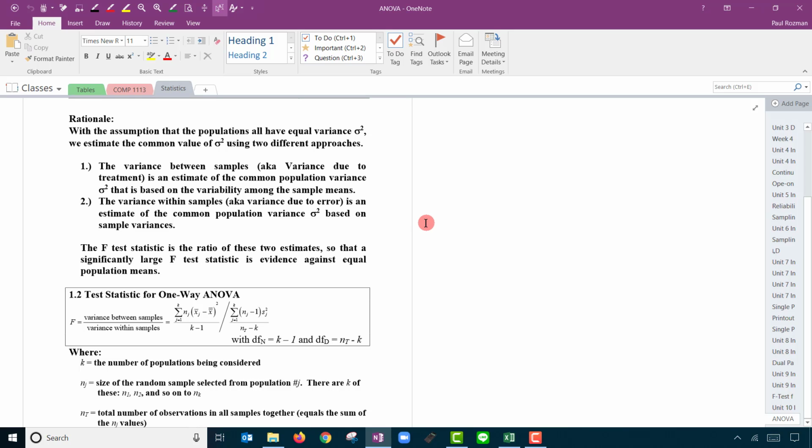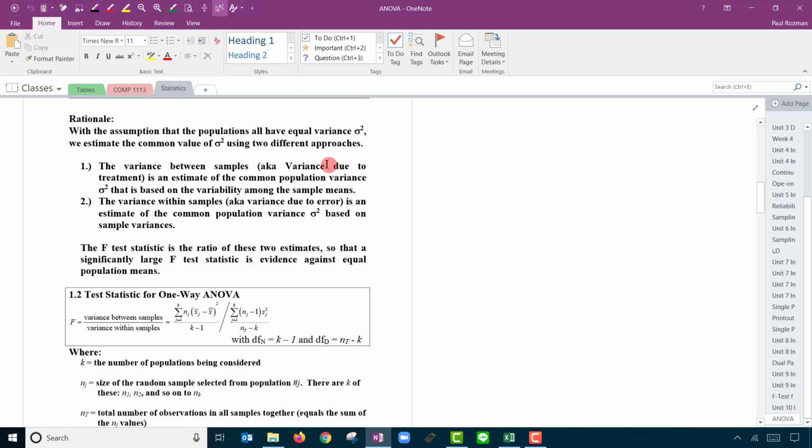What we'll do is we'll look at the variance between the samples. So how does group 1 vary relative to group 2, vary relative to group 3? So that's the variance between samples. And then we'll also look at the variance within samples. And this should all roughly be equal.